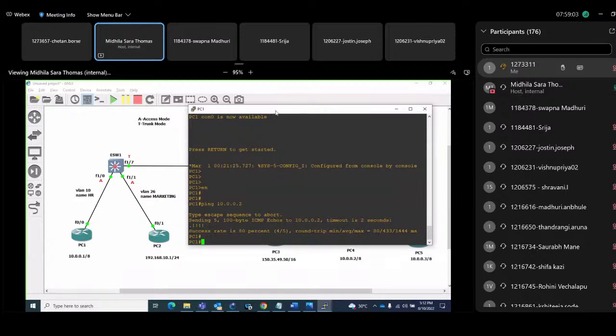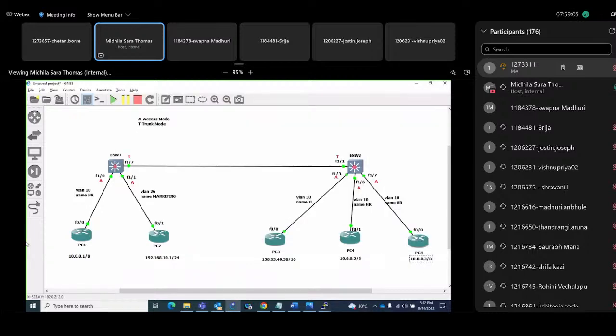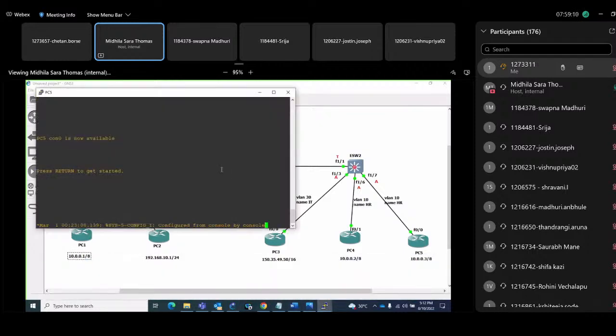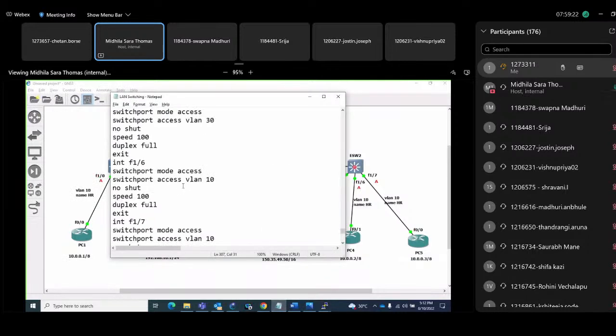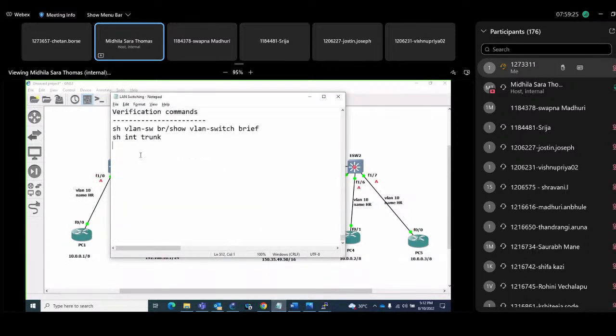Yes. From PC5 to PC1, can we check? Ping 10.0.0.1. Yes. So now let me write the conclusion.